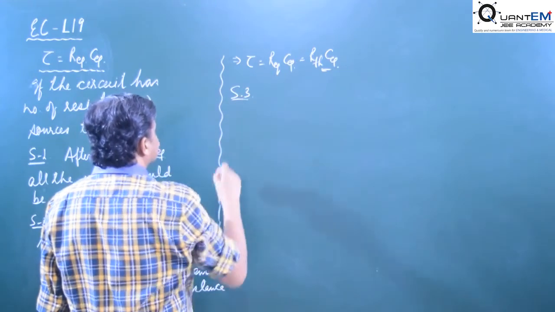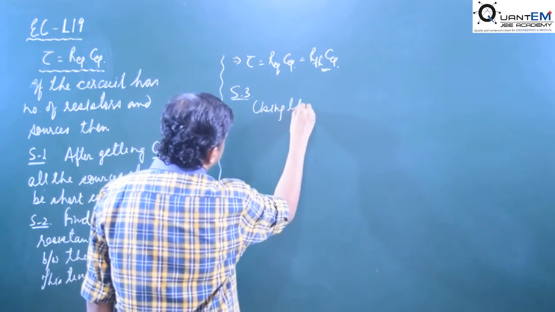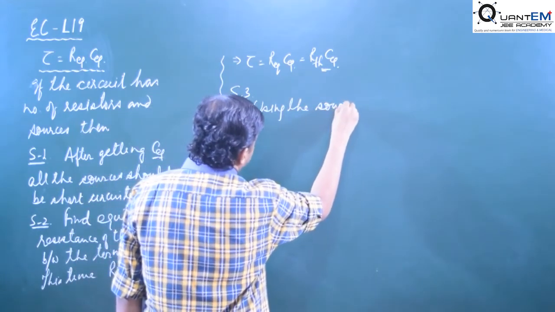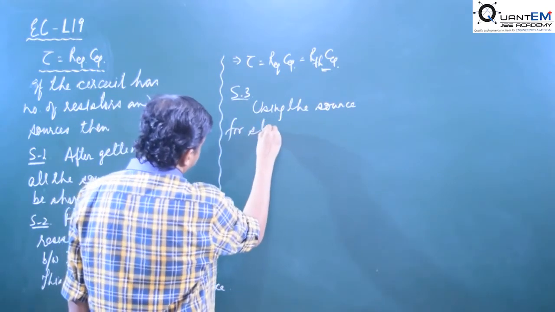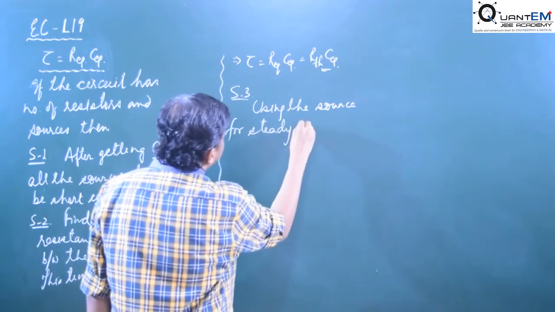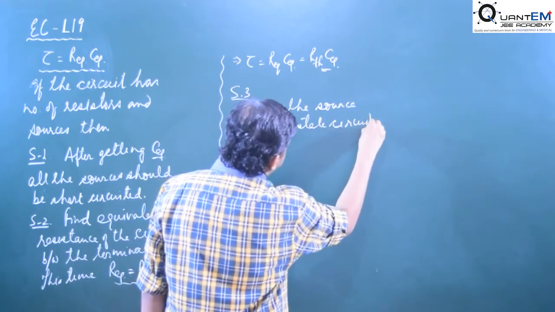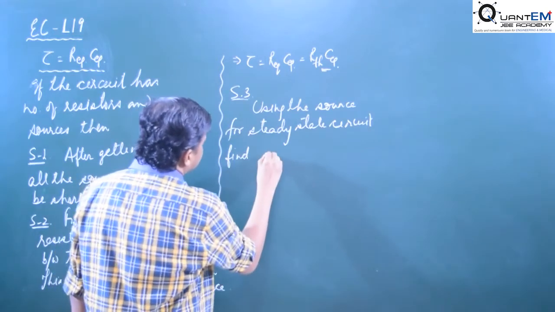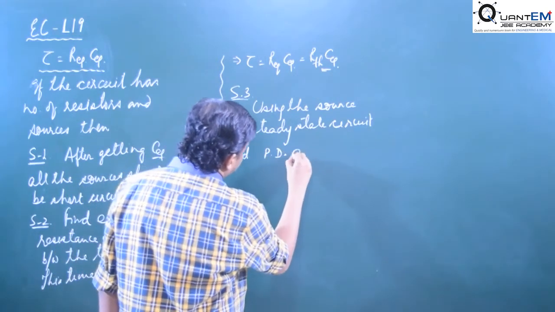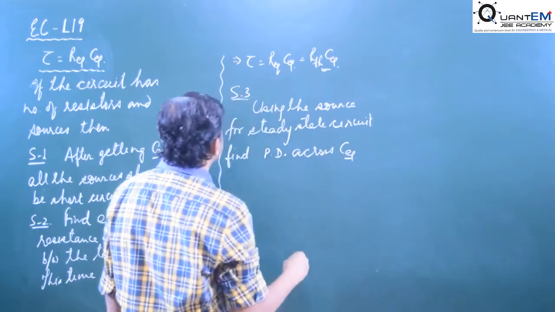Third step. Now using the source for the steady state circuit, find the potential drop across C equivalent.